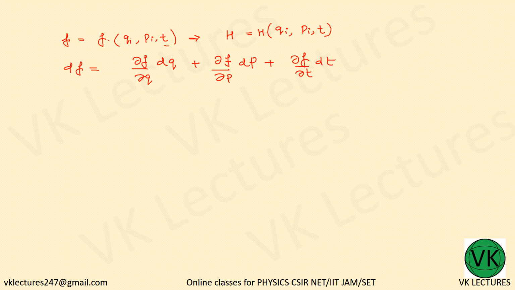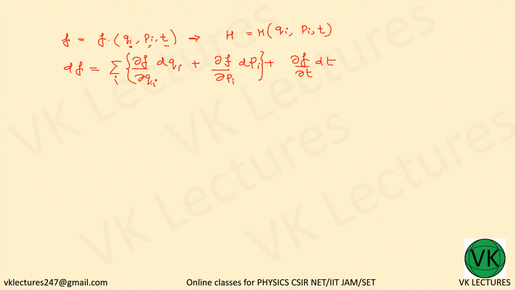Now since there are different coordinates, that is qi, pi, we have to put i here, so it's dqi, this is dpi, and here we need not put i because time is independent. Now since we have put i for each different quantity, there is a need of summation over i, and this summation is valid up to this particular point. So this is what we get after differentiating.